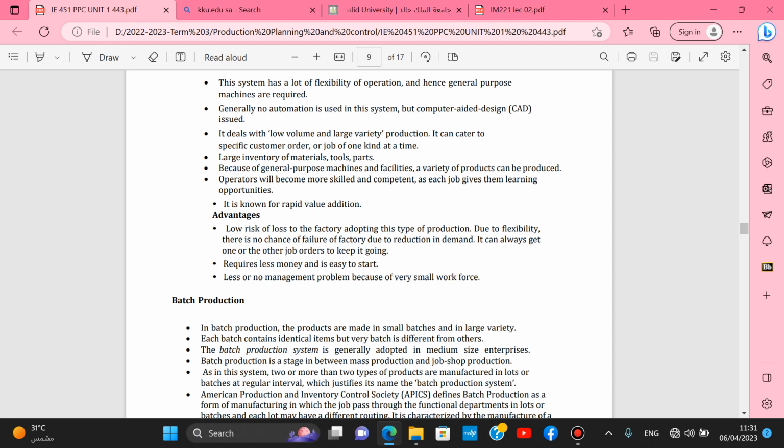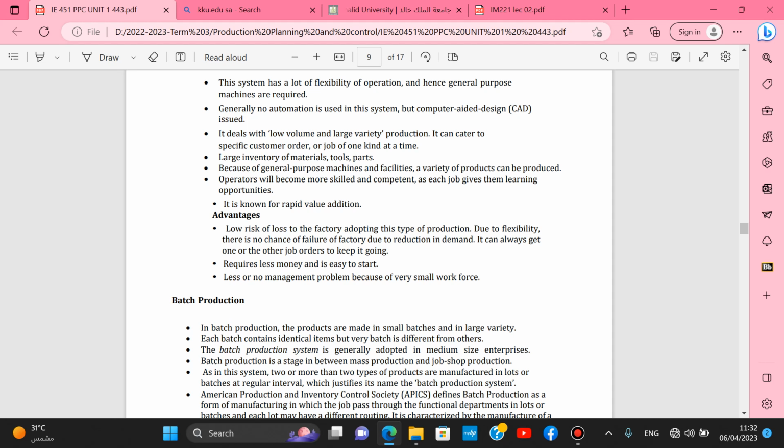Due to flexibility, there is no chance of failure of factory due to reduction in demand. لأنه طبيعة job manufacturing إنها flexible, and this flexibility make us avoid the failure due to reduction in demand. لما يصير انخفاض في الديماند ما راح يأثر، لأنه أصلا احنا بننتج فوليوم مو كبير. طريقتنا في الإنتاج is flexible. We can change it, we can update it easily.